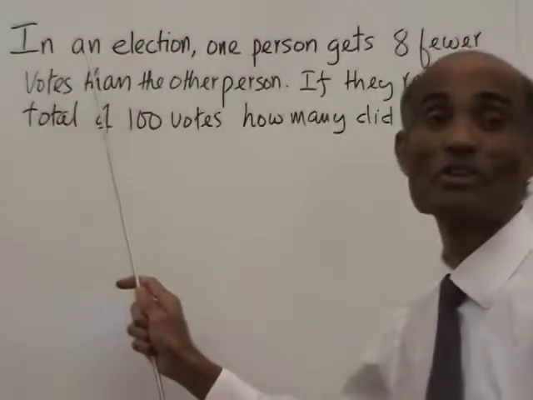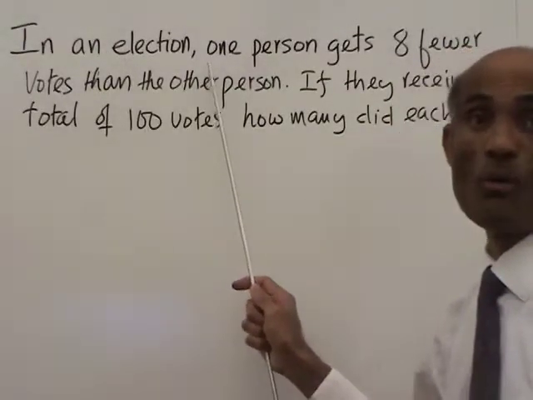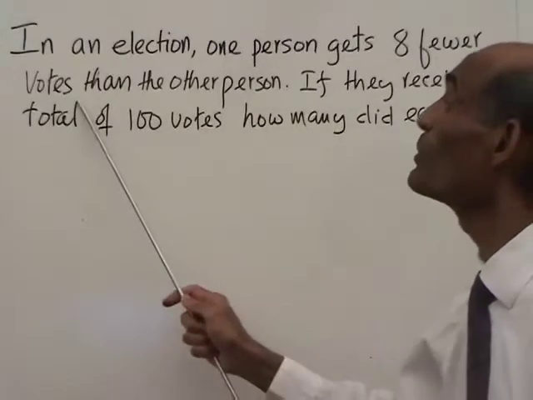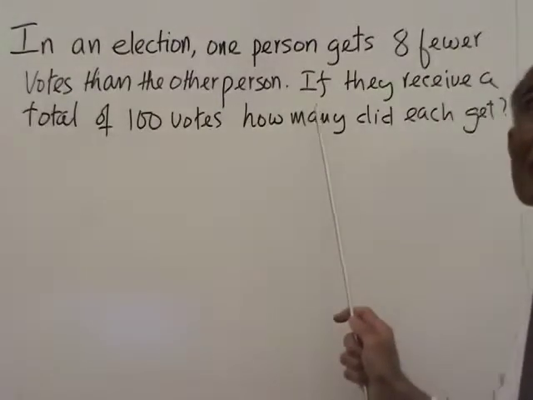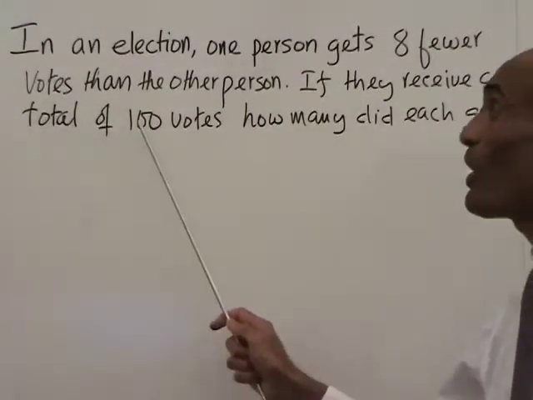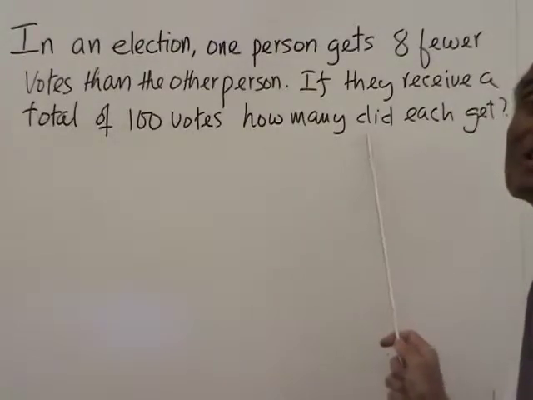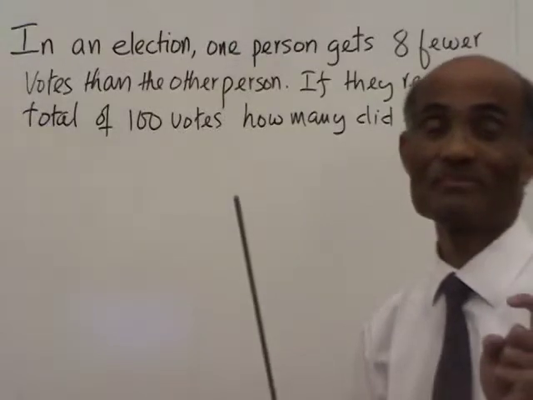Alright, let's see if we can do this problem. In an election, one person gets 8 fewer votes than the other person. If they receive a total of 100 votes, how many did each get? How many did each get?